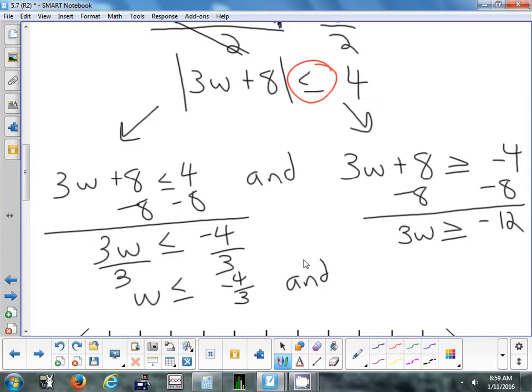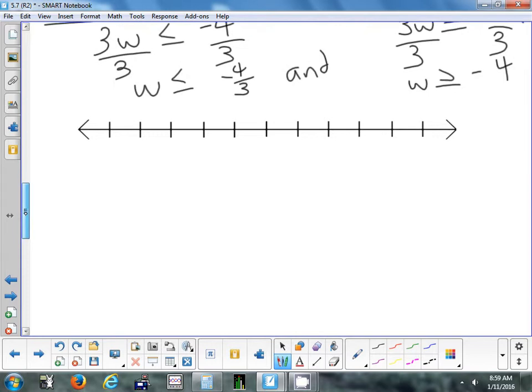What did I do? Divide. Good man. Divide by 3. W. Negative 12 divided by 3, Justin. My answer is going to be positive or negative? Negative divided by a positive is negative. And then 12 divided by 3? 4. Negative 4. All right, so it's an and, right?